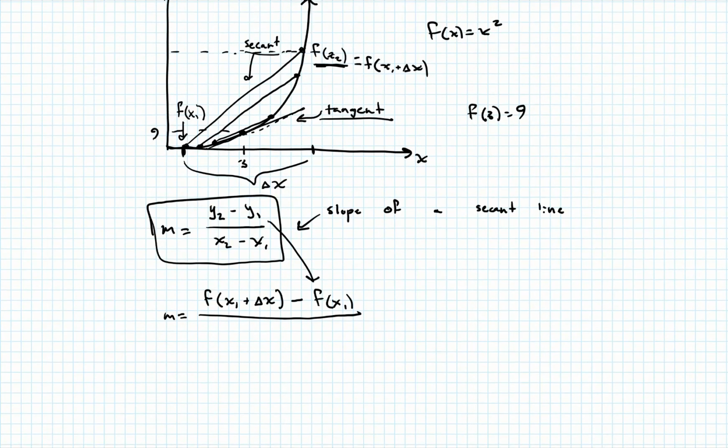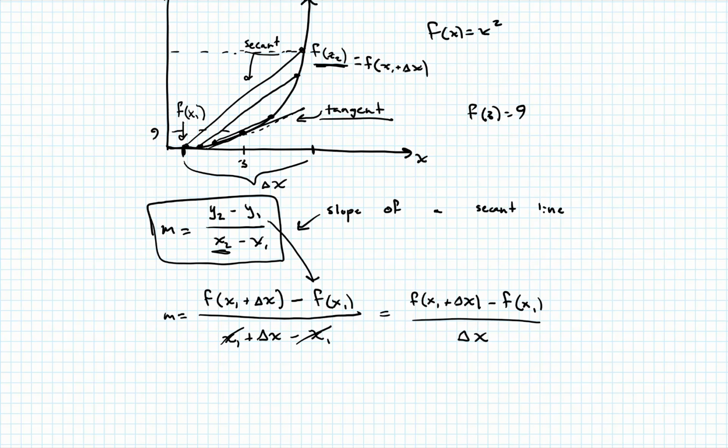Well, if we plug in x1 plus delta x for x2, we get x1 plus delta x minus x1. So these cancel, which simplifies it, and we get f of x1 plus delta x minus f of x1 over delta x. That's going to be the slope of this line. So this is the slope of the secant line expressed in two different forms.